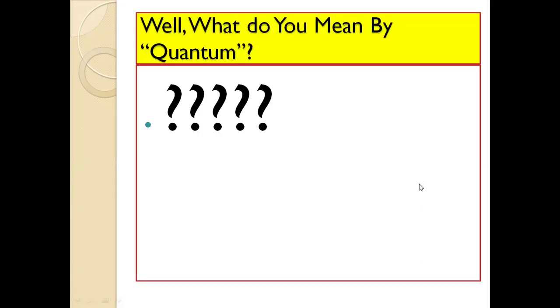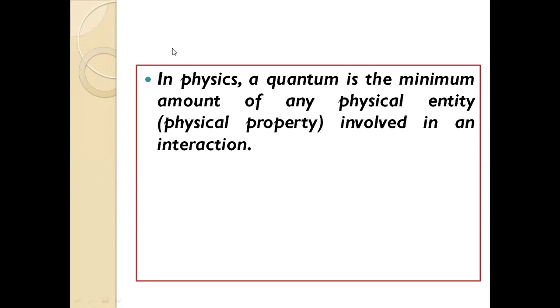Now, what do you mean by quantum? How do you define quantum? In physics, a quantum is the minimum amount of any physical entity, that is, physical property, involved in an interaction.